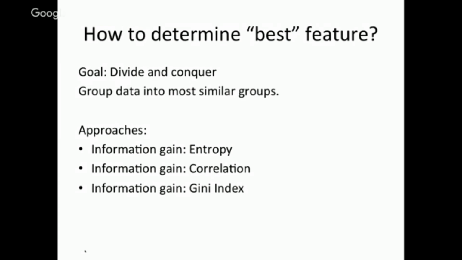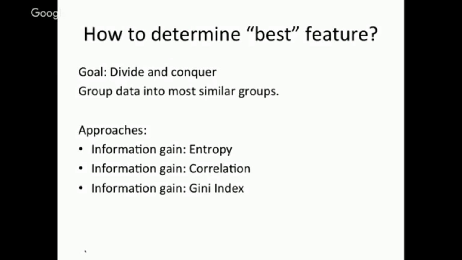However, if one side is all buys and one side is all sells, that was the biggest information gain we could possibly get. And there are ways to measure entropy even for non-classification examples, where our data, instead of just being labeled a buy or a sell, is a regression sort of problem.